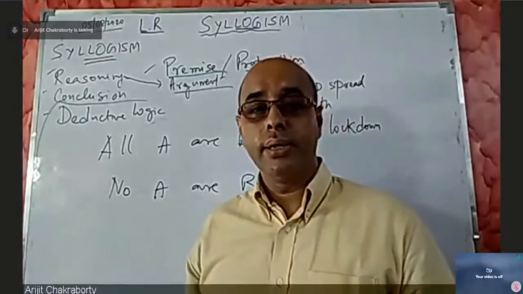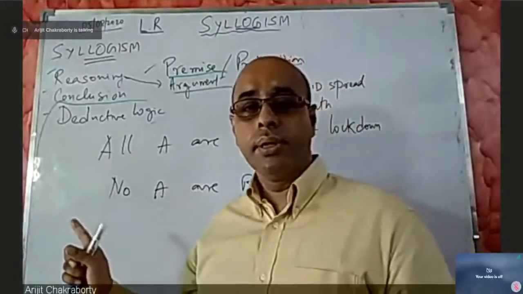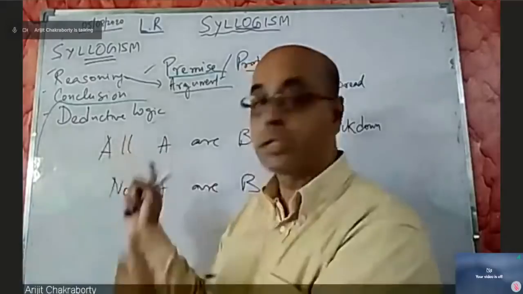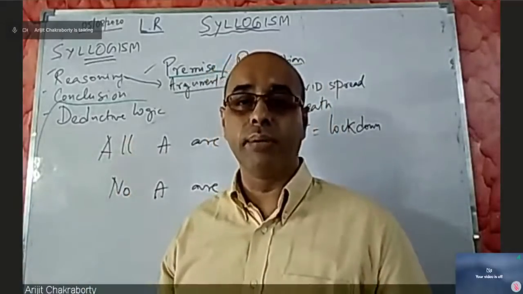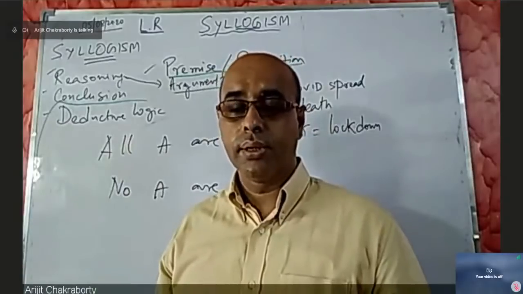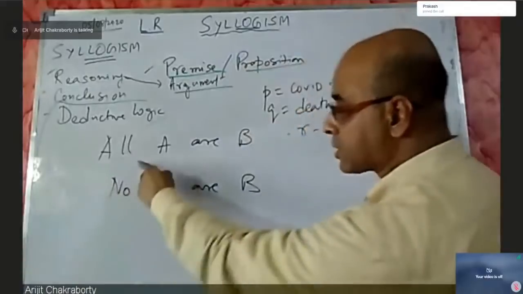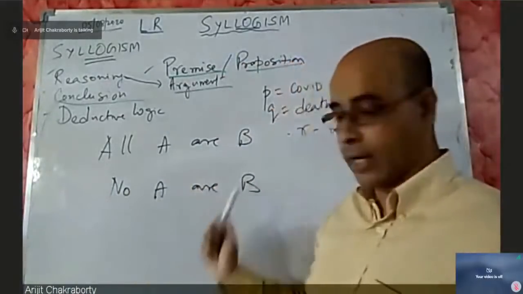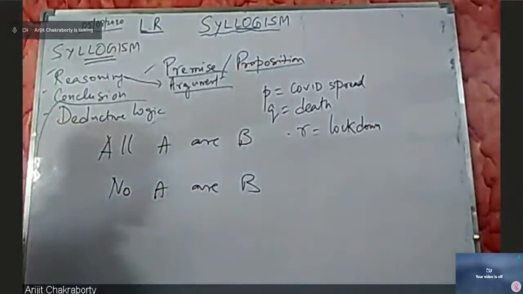Please concentrate. Once again, I am requesting your kind attention. This chapter is not a full practical chapter. Lot of things to understand first. Lot of theory, lot of rules. Then only we shall be able to attempt the problems. Okay, it's not like the earlier chapters on logical reasoning. So, let us see this statement, all A are B and no A are B. Both are propositions, both are statements.